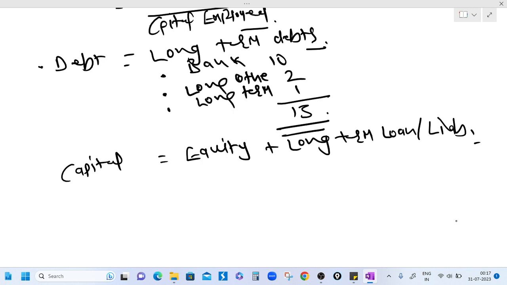In another way, you can also calculate capital employed as total assets minus current liabilities. So you will get capital employed, and by applying this formula you will come to know the debt to capital employed ratio.